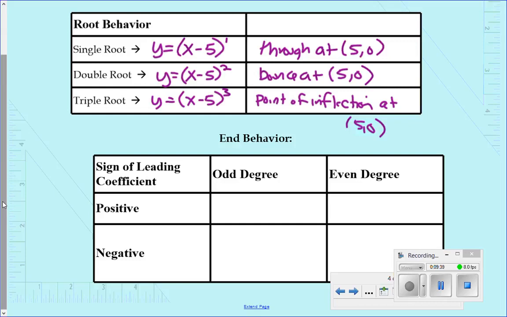So negative points down and odd is opposite, which means negative and odd is going to be up, down, which leaves down, up for positive and odd, pointing up on the right. So even we know has to point up on the right for positive. So that means up, up, because even they're the same, equal. And for negative it has to point down on the right, which means down on the left as well. So those are your different end behavior options.